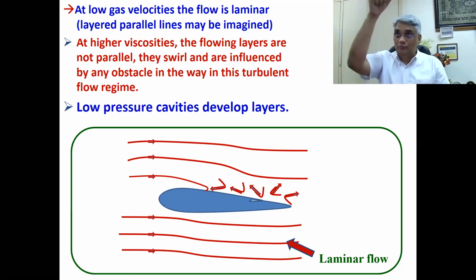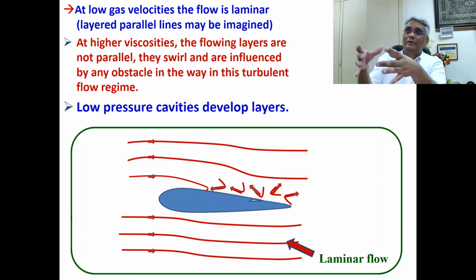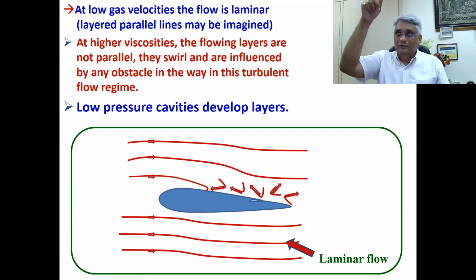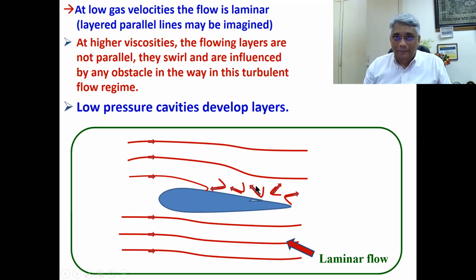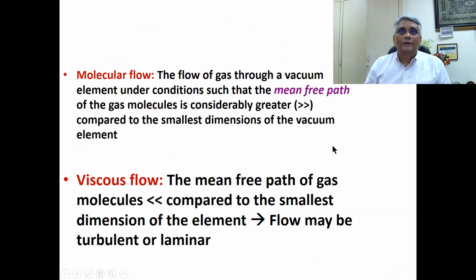Of course, the electrons flow through in between those, the so-called magnetic lenses, but you should not have any obstacles in the path of the gas flow. Yeah, so this can cause turbulent flow.